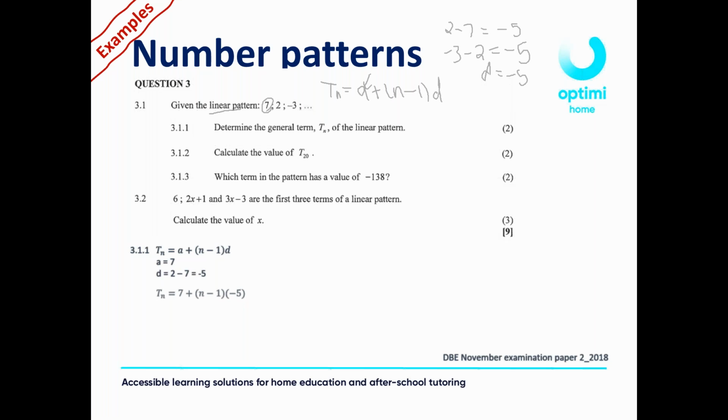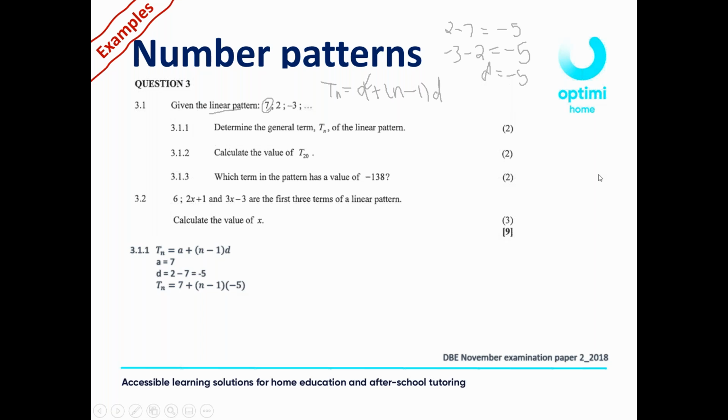So I'm going to substitute the 7 into the A, plus n minus 1 stays as it is because the general term will have a variable, and the variable is n. So finding a general term, you will never substitute n. You will only substitute A and D. And then D substituted as -5.